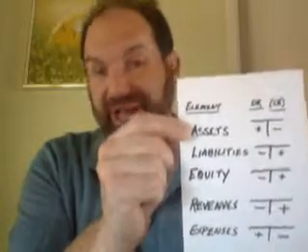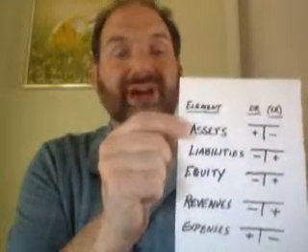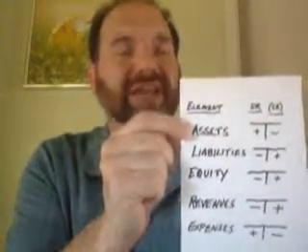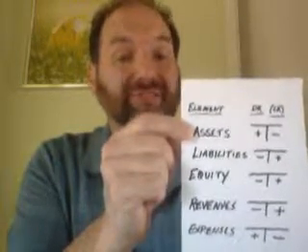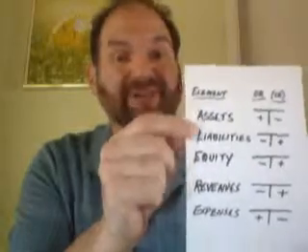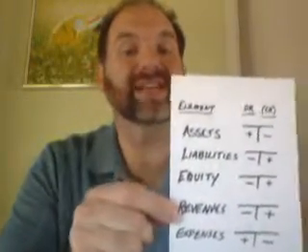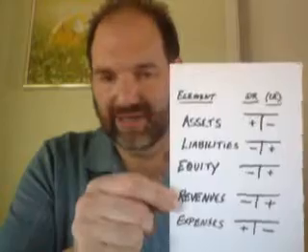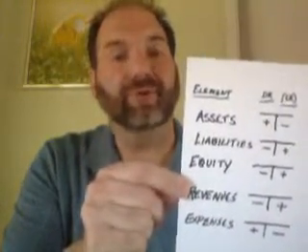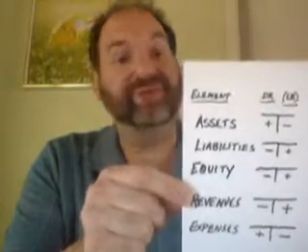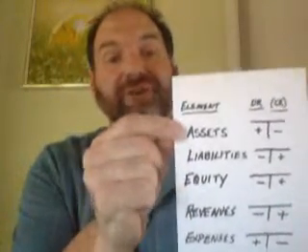So if you debit your cash by 20 bucks, you have to credit something 20 bucks, right? So if you sell something for $20, the debit goes to cash, the credit goes to revenue or income, because you earned that money and you put it in your account.